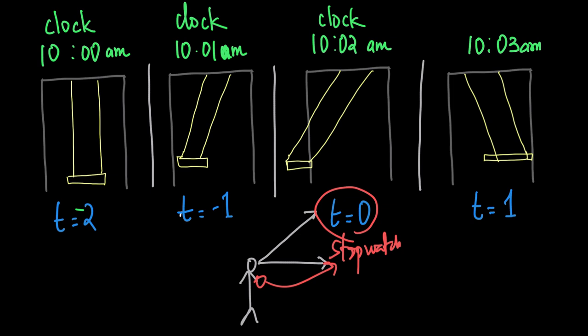That doesn't make sense physically. So the time on the clock was 10 a.m. and the time on the stopwatch is t is equal to 0 seconds, where the swing is already in motion. And at time t is equal to 1 second on the stopwatch, the time on the clock is 10:03 a.m. and the swing has reached the right extreme.